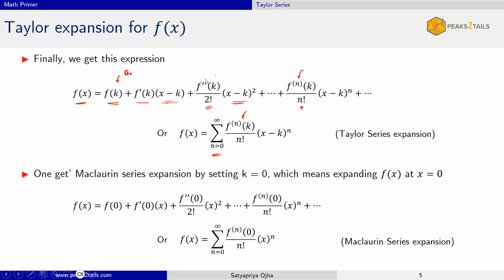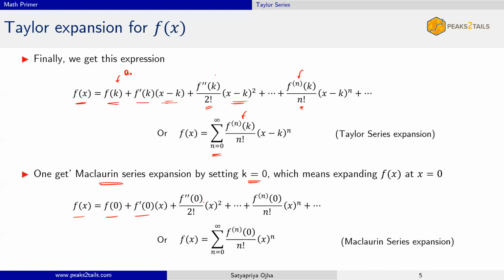All right. Now, if you want to get the Maclaurin series, just put k equal to 0 because the expansion is around 0. So you get f of x equal to f of 0, f dash 0 times x because k is 0 everywhere, right?